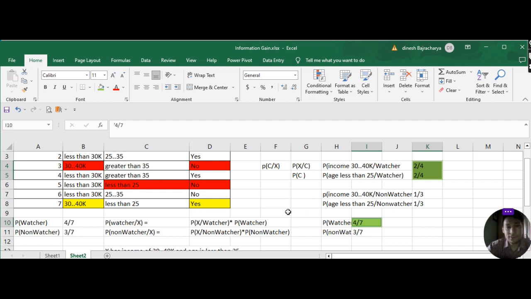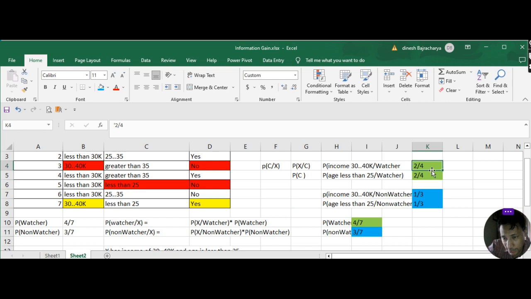For X conditioned on the class watcher, we have to multiply these green values, and for X conditioned on non-watcher we have to multiply these other values. Now whose probability value is maximum? X will belong to that class.